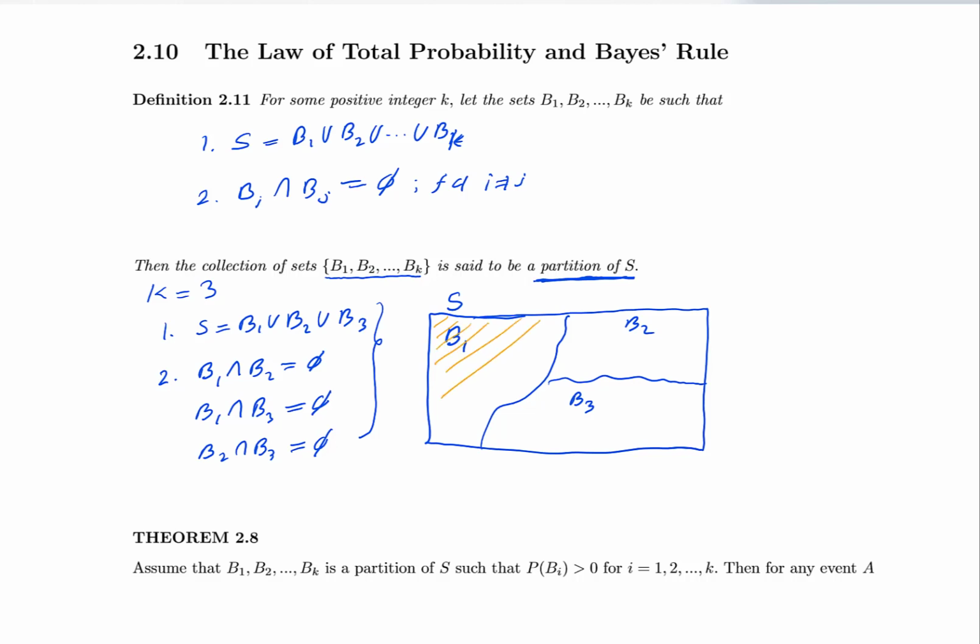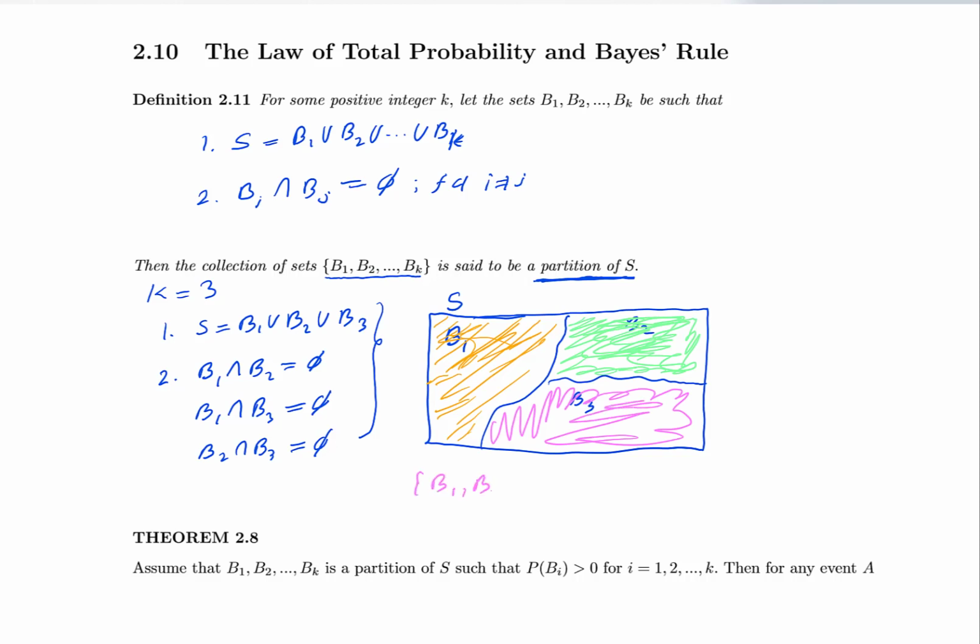This is B1, this color. B2 is this green color. B3 is this. So you see B1, B2, B3 is a partition of S. That is the meaning of the partition of S.